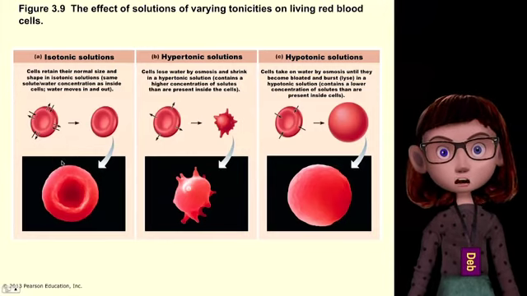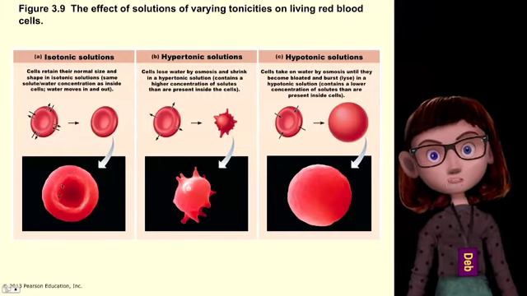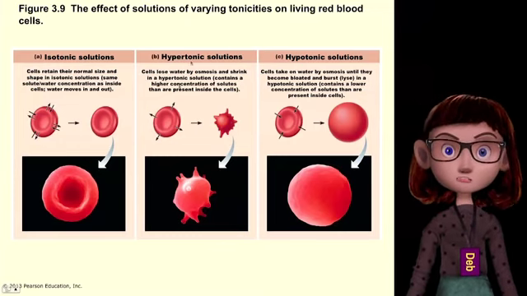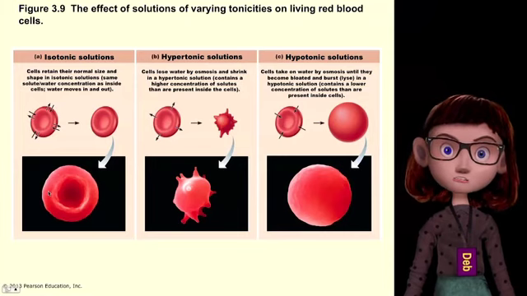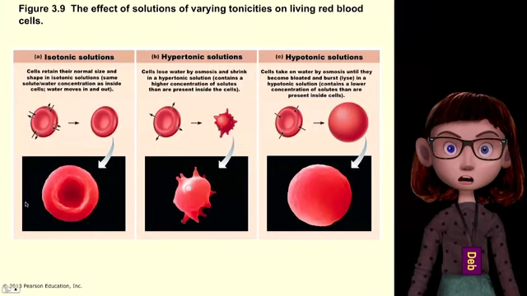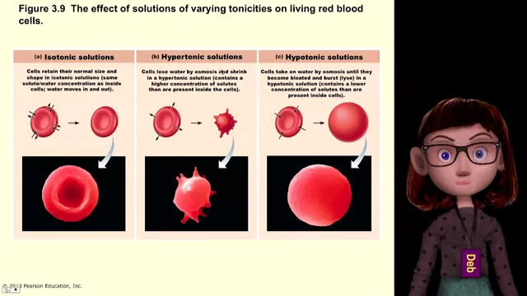When you infuse this fluid, it's going to be the same as the tonicity of, or the concentration of solutes that is inside the red blood cells. So the water can go in and out from the cell, but there will be no net flow either into the cell or out of the cell. Now let's just say that we put a hypertonic solution into the bloodstream.